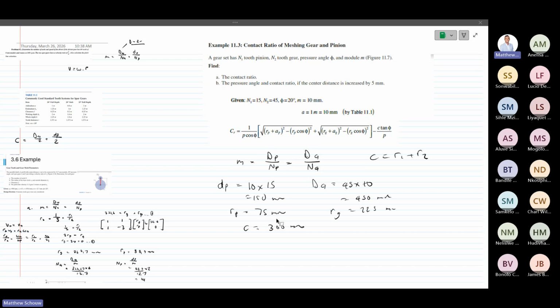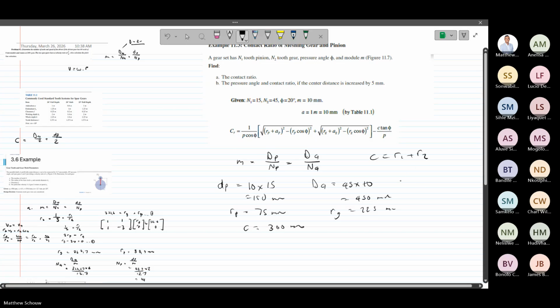We need to get our base circle now. From a base circle, this is your pitch. Okay, cool. I'm assuming everyone is there.